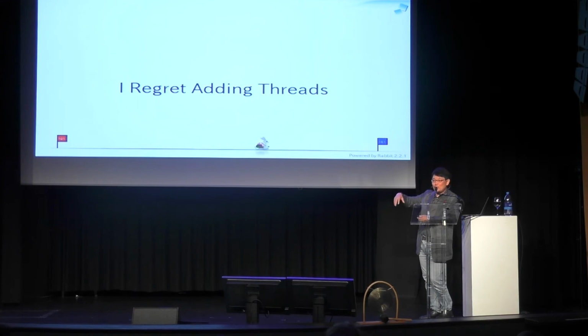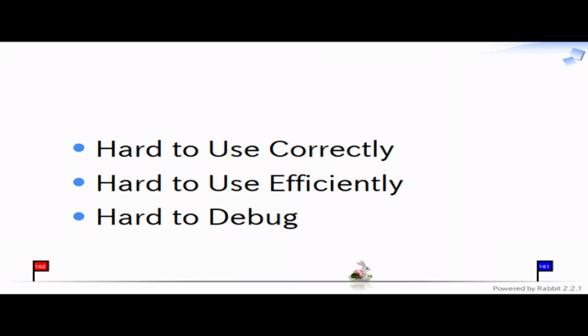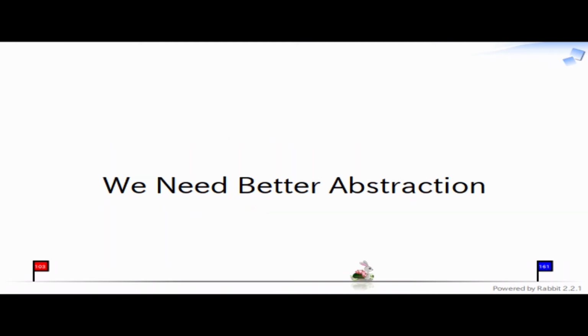In the real world, we have multi-core in our laptops, and virtually every computer has many cores right now. Under such situations, threads are hard to use correctly, hard to use efficiently, and hard to debug. So we need a better abstraction of concurrency.